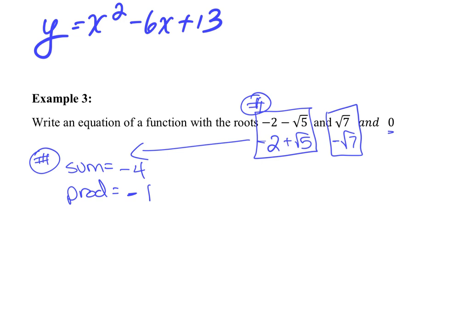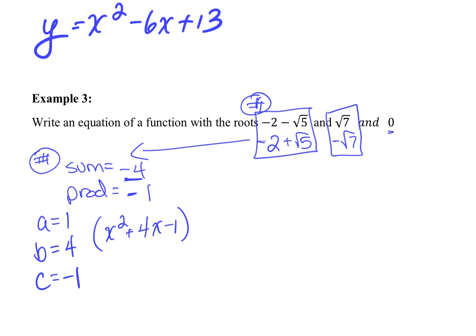I'm not going to go over how to multiply them. So A equals 1, B equals the opposite of negative 4, which is 4, and C is the same. So this one is x squared plus 4x minus 1.